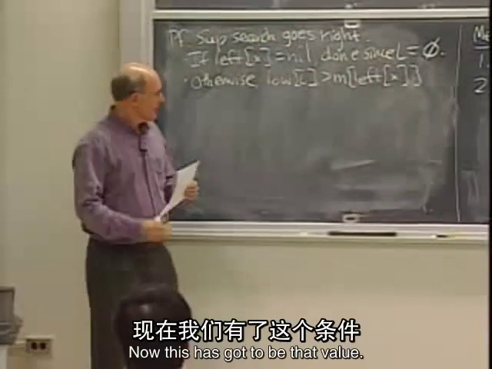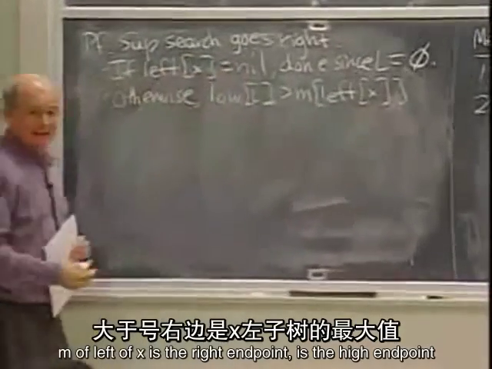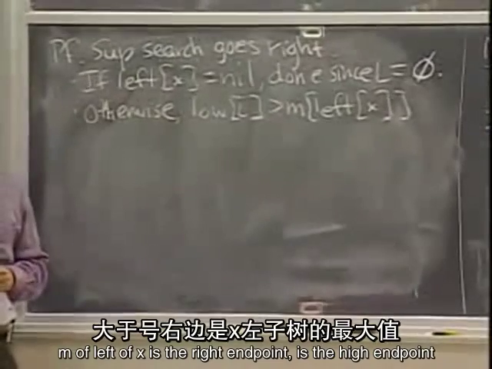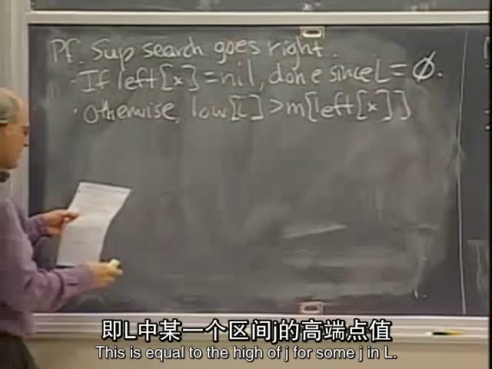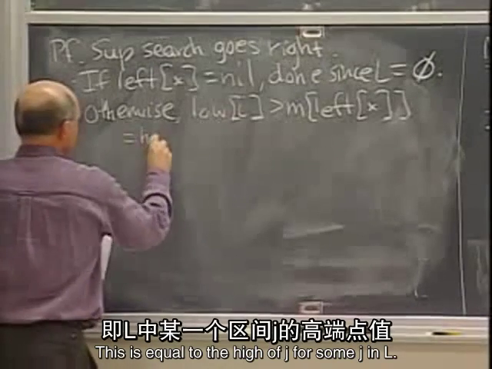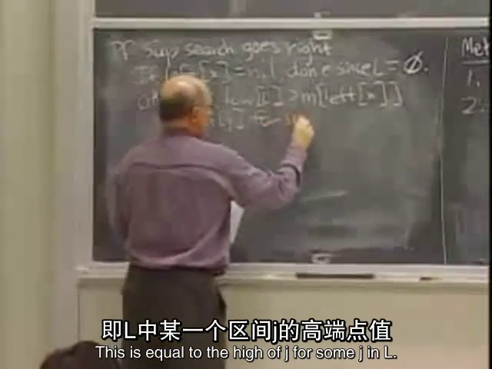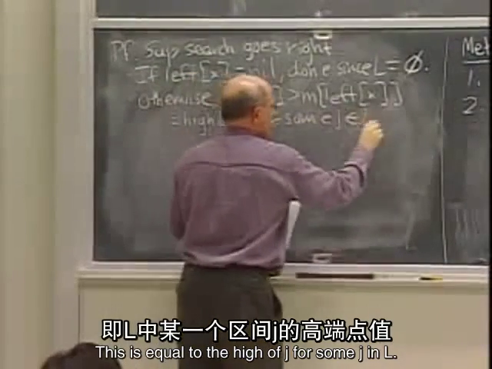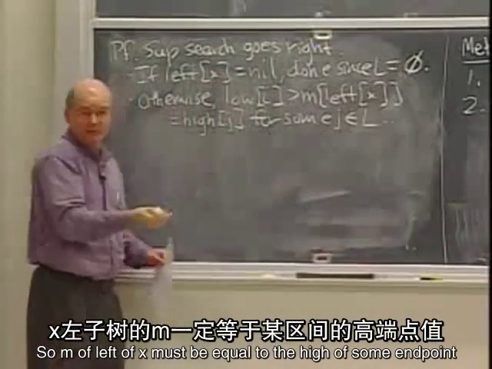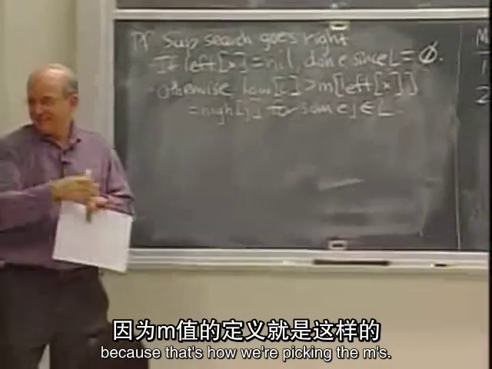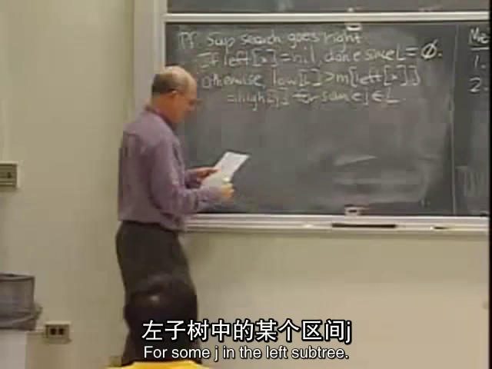Now that value, m of left of x, is the high endpoint of some interval in that subtree. So this is equal to the high of j for some j in L. So m of left of x must be equal to the high of some endpoint, because that's how we're picking the m's, for some j in the left subtree.